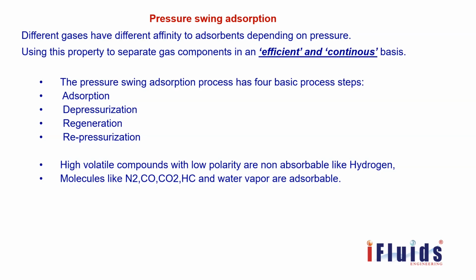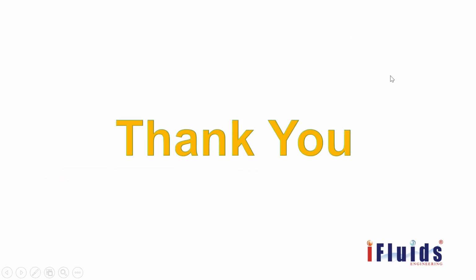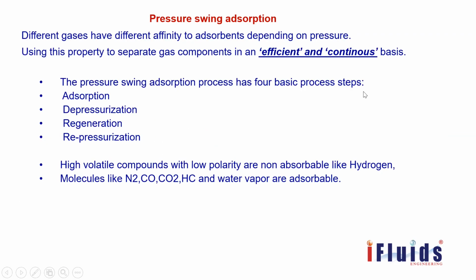One vessel is on adsorption, the next on depressurization, another on regeneration, and one more in pressurization. While these activities take place, the hydrogen production flows continuously through the product header. By this way, we can produce hydrogen continuously for the suppliers.